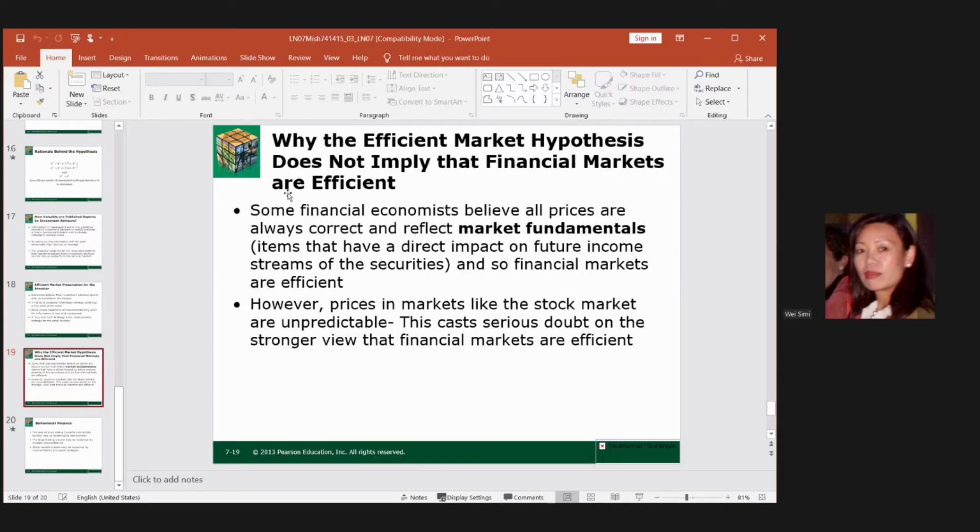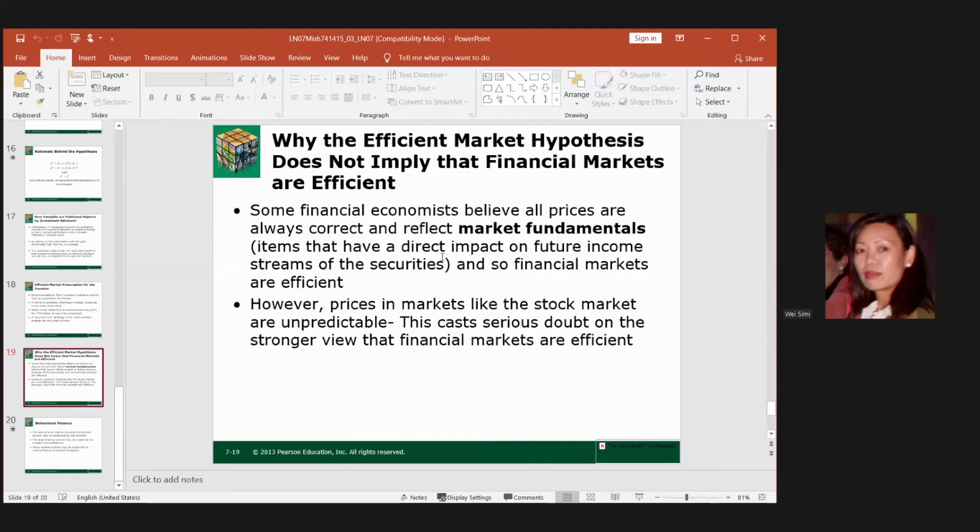Okay, so why the efficient market hypothesis does not imply the financial markets are efficient. Like I said, it's a matter of camps. Some financial economists believe all prices are always correct and reflect market fundamentals.